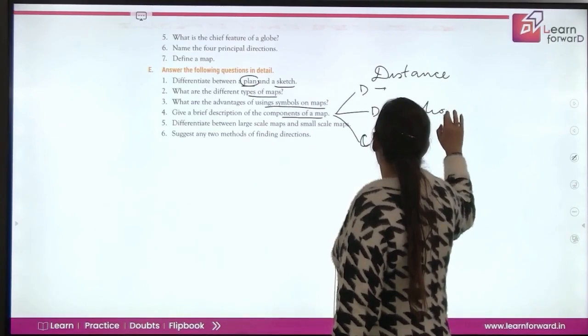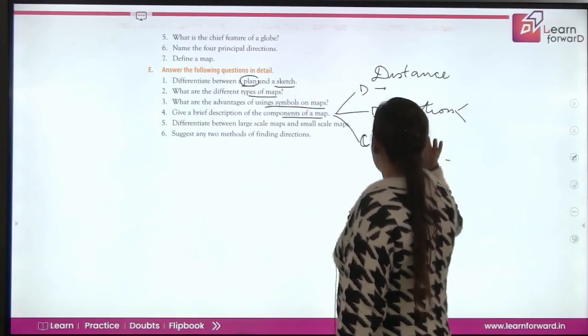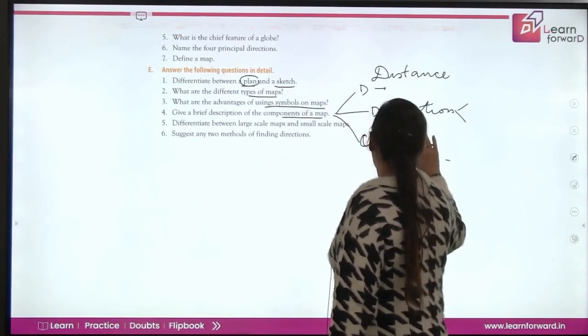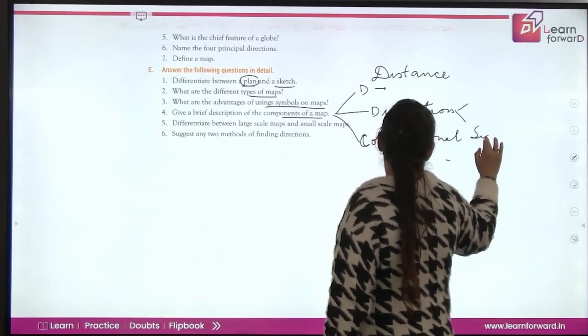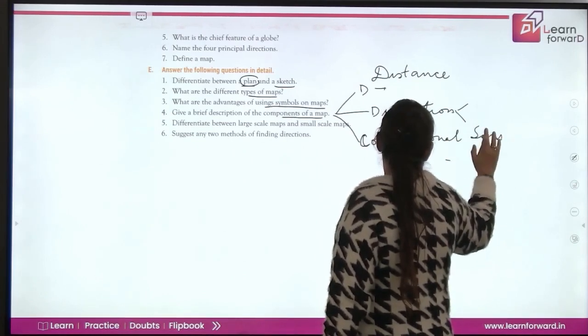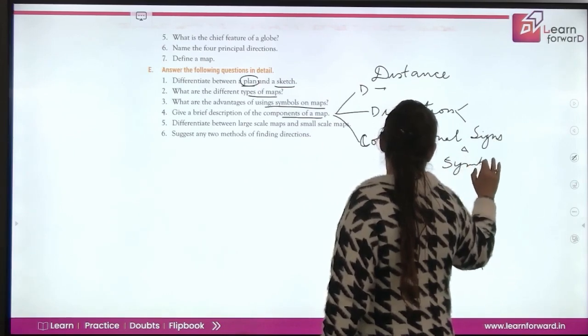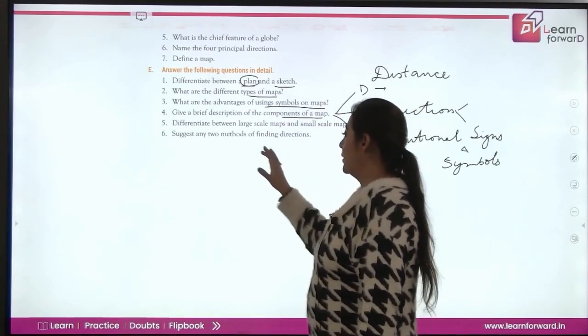Direction निकालने के लिए हमने यूज किया था आपका कंपास और हमने यूज किया था sun facing वाला है. Then is your conventional sign and symbol. If we are accustomed to understanding the conventional signs and symbols, then we can find out the places we have to find on a map, like a metal road, like a highway, like a city, like a green area and something like that.